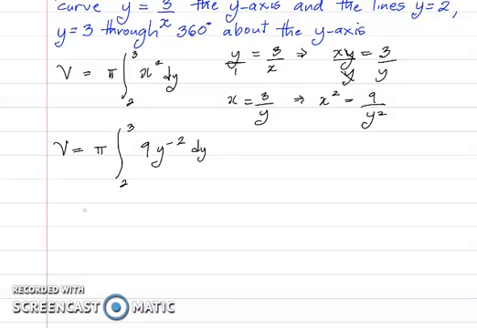Let's pull the 9 out. I'm going to end up with 9 pi. Let's integrate this. I'm going to increase the power by 1. It's going to become minus 1. So it's y to the minus 1 divided by the new power, which is minus 1. And so this is from 2 to 3.